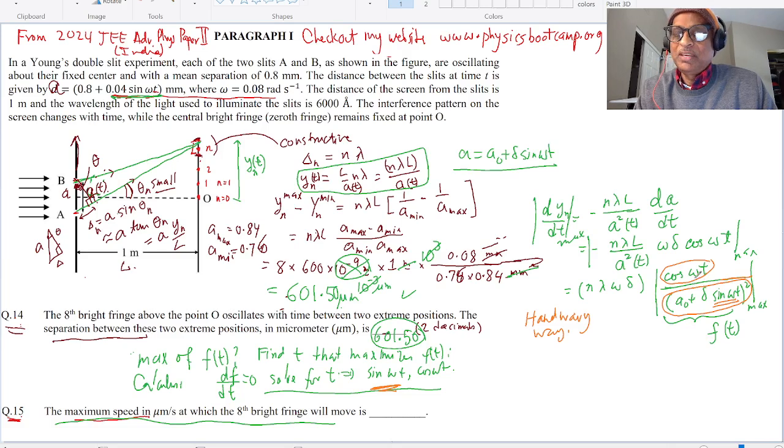So one way is, say, when cosine omega t is 1 and when sine omega t is 0, then, so you can do that.